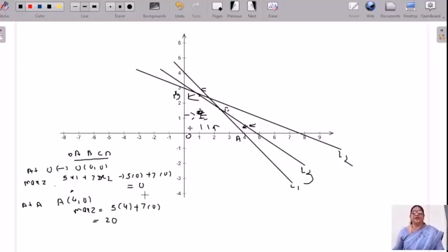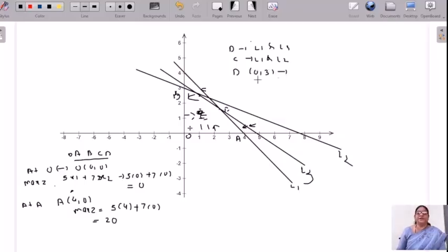At point D, D is the intersection of line L1 and L3. Similarly, C is the intersection of line L1 and L2. At point D, its coordinates are 0, 3.